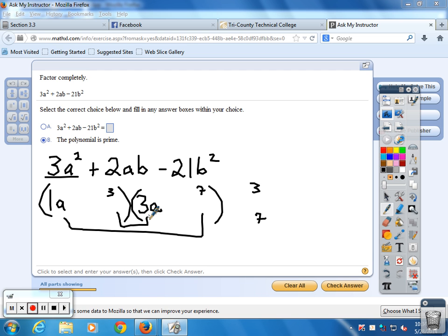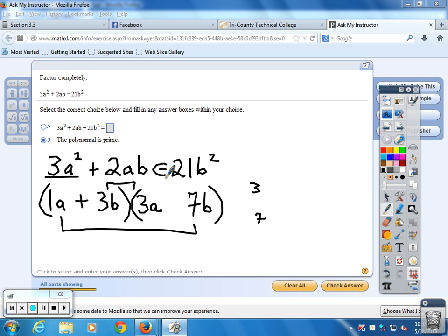So I'm going to undo that. So that'd be a 3 here, 3b, and a 7b here. Now what's bigger? 7a or 9a? 9a, so 9ab, sorry, so that'd be a plus.